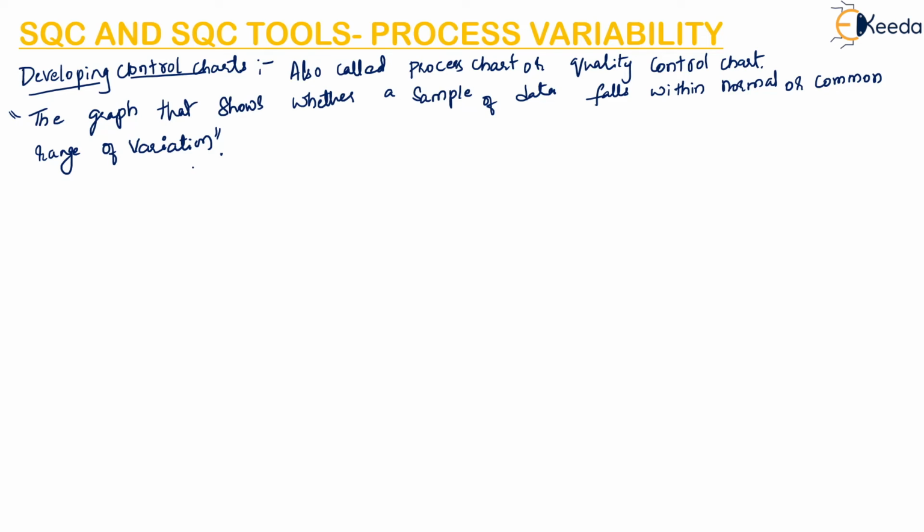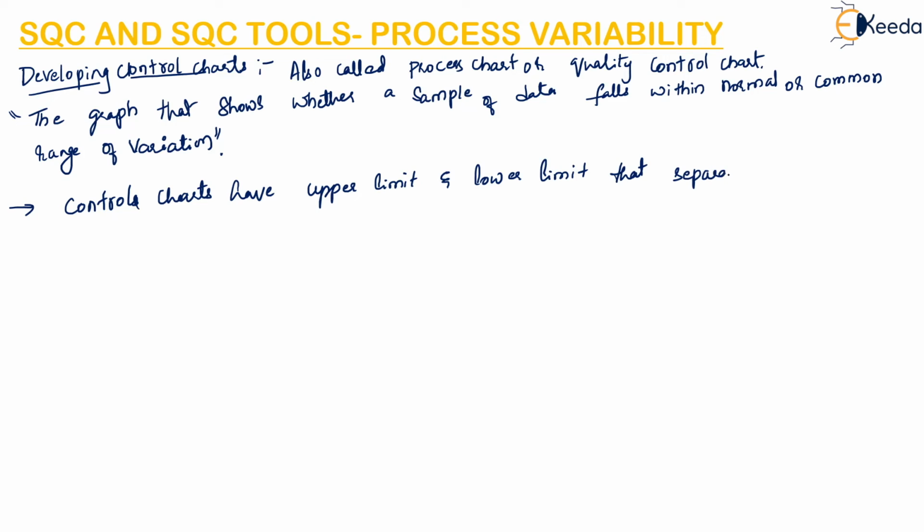The control chart has an upper limit and a lower limit that separate common or random causes from assignable causes of variation.